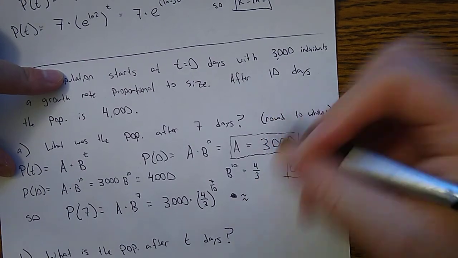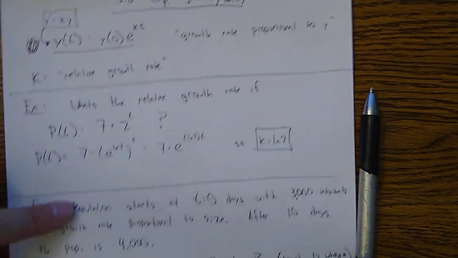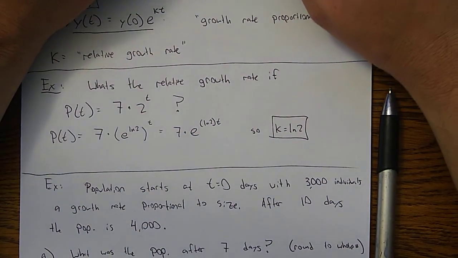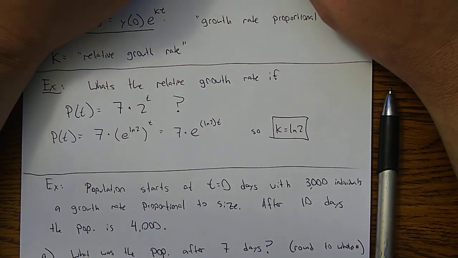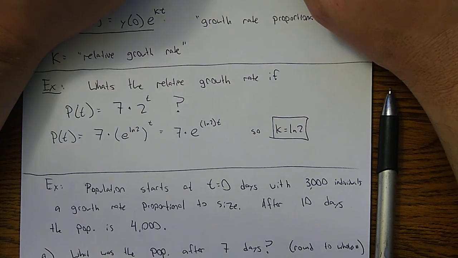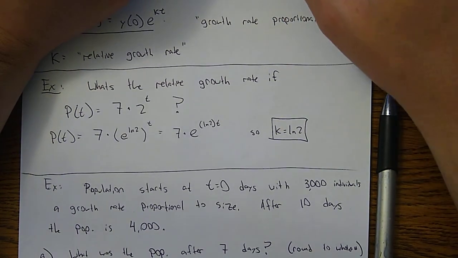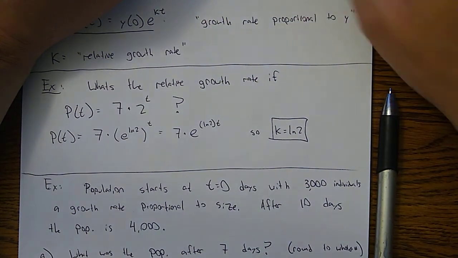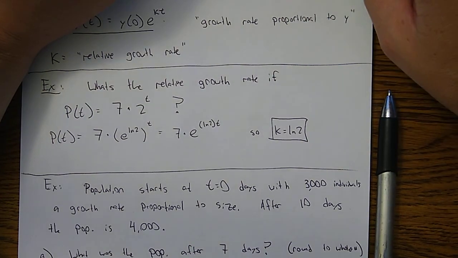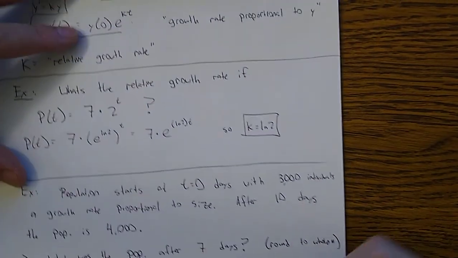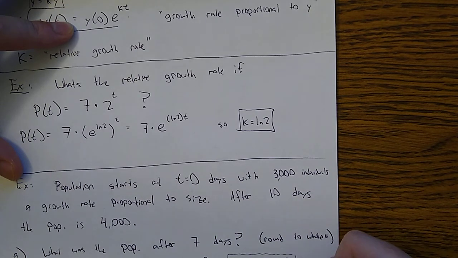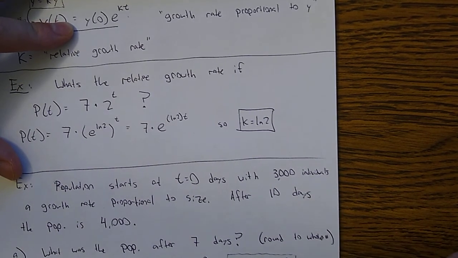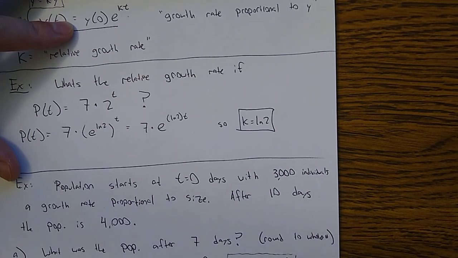And we wanted an answer to the nearest whole number, so just hang on 1 second while I type this in. 3,000 times 4/3 to the 0.7 power. 3,669.2, so I will cut off the 0.2.